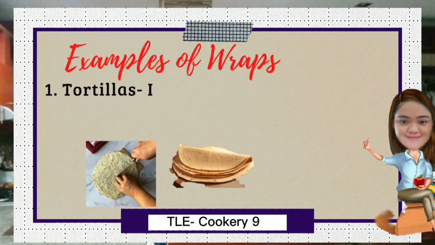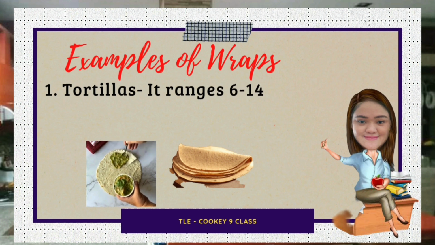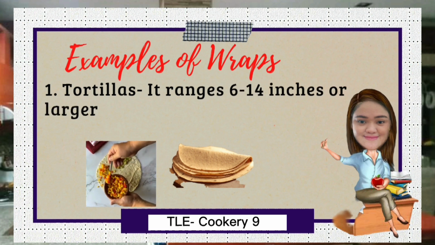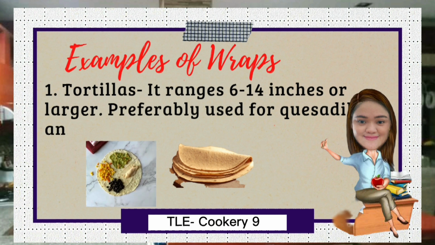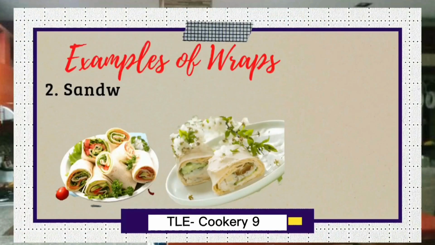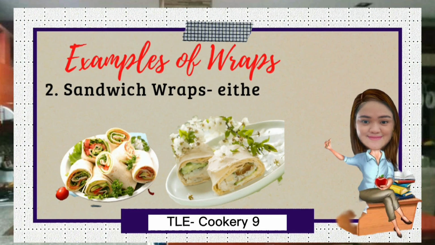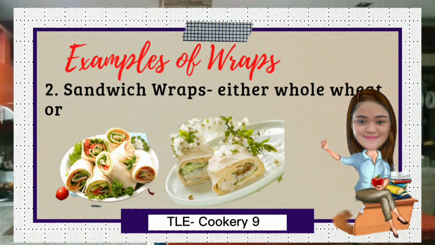Tortillas, corn or flour, are unleavened breads baked on a hot stone. They range from 6 to 14 inches or larger, preferably used for quesadillas and burritos. Sandwich wraps are either whole wheat or spinach flavor.